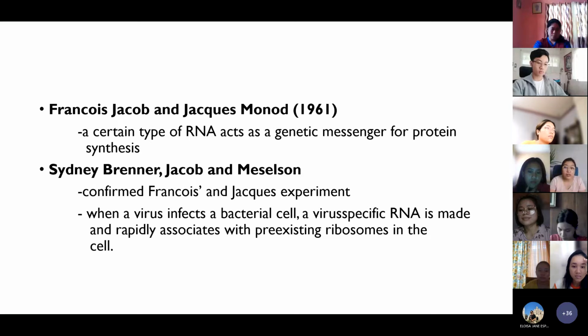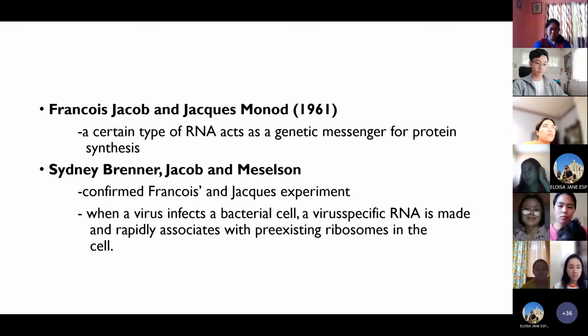The proposal was actually a remarkable insight, considering that it was made before we had actually isolated and characterized mRNA in vitro. And in 1961, this hypothesis was confirmed by Sydney Brenner in collaboration, of course, with the original authors.